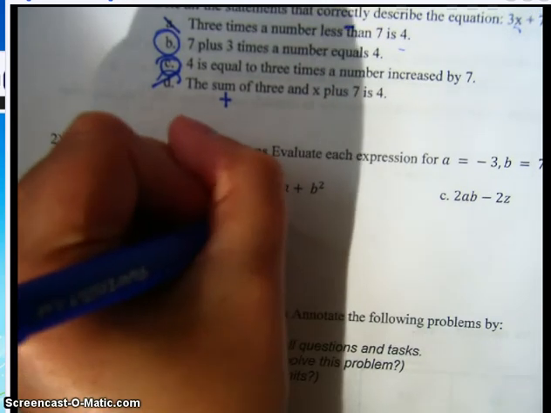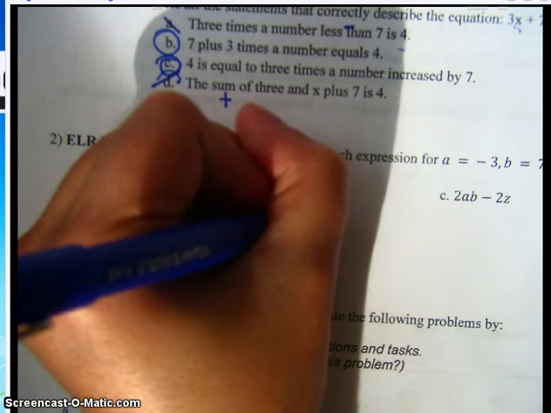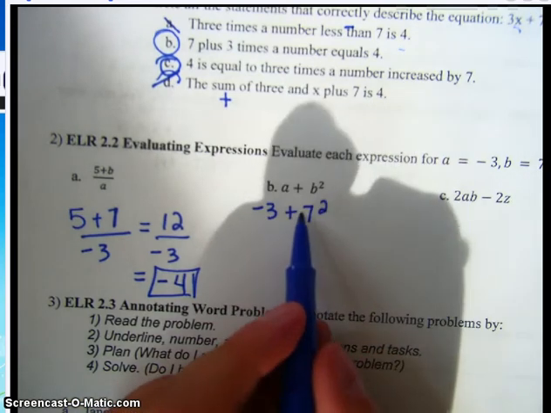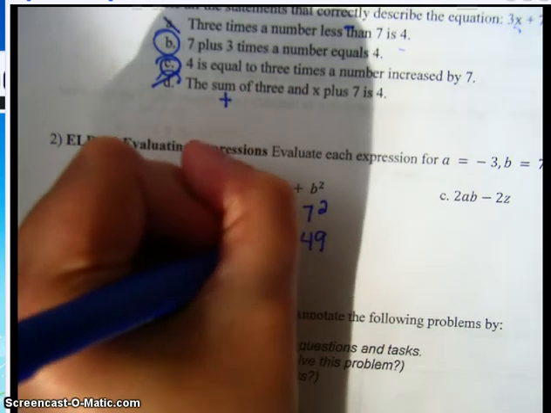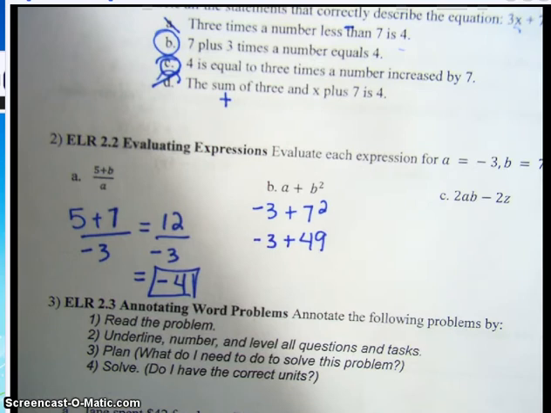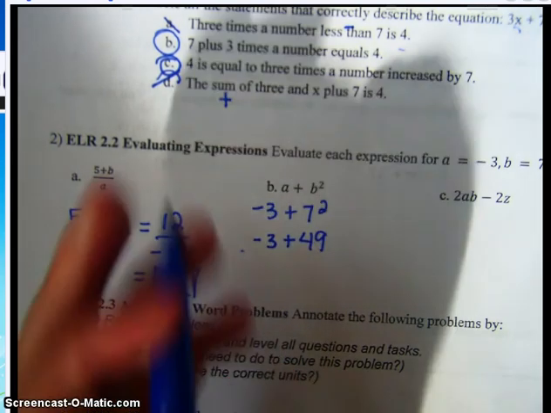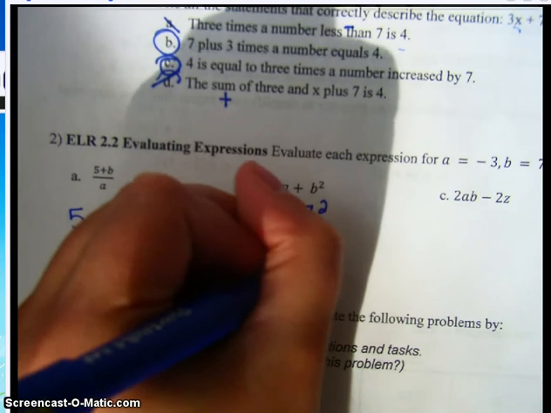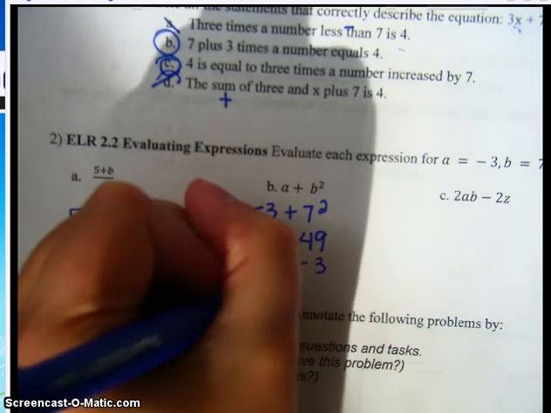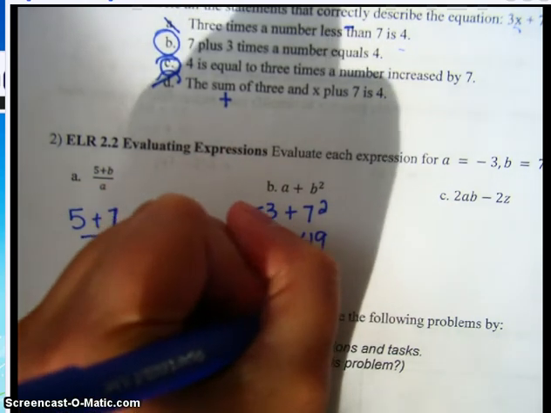B, a is negative 3 plus b squared, which is 7. Order of operations tell me to do 7 squared, which is 49, plus negative 3. Okay, so when I'm adding a negative, it's really 49 plus negative 3, which is the same as 49 minus 3, which gives me 46. Okay.